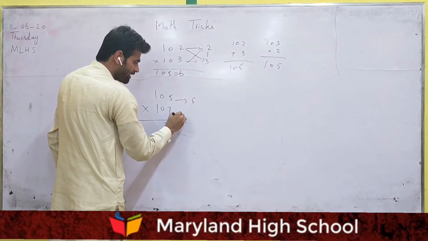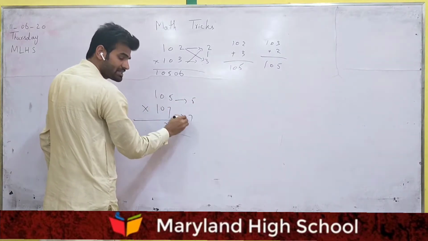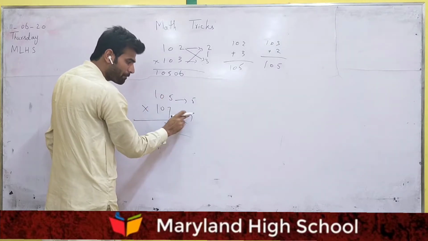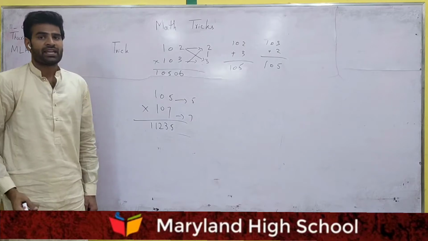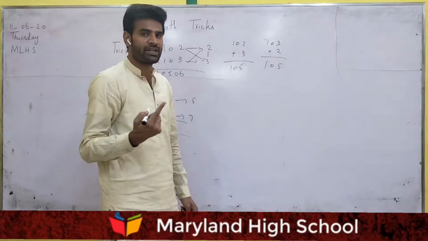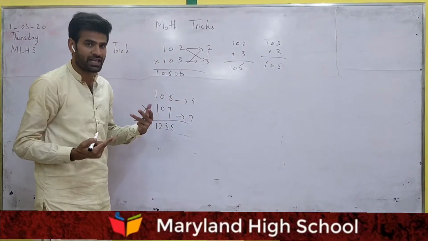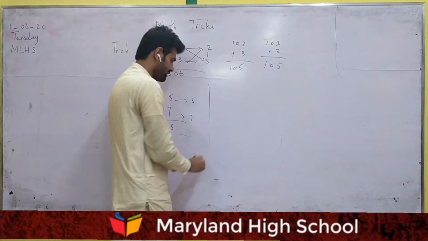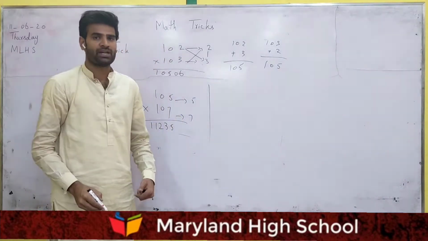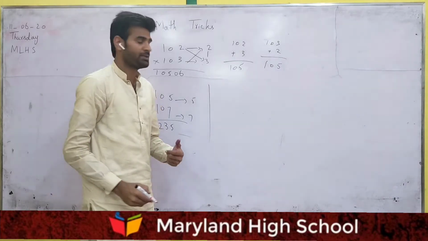Then cross addition: 105 plus 7 is 112. So easily, in a single step, we find the multiplication of these two numbers in 5 seconds. This is a trick for numbers near to 100.